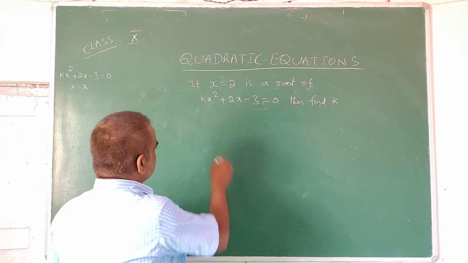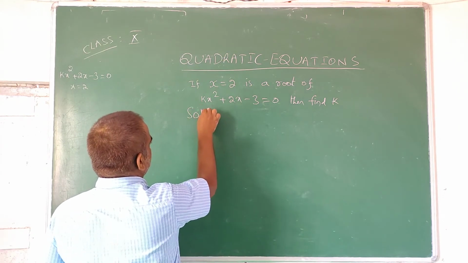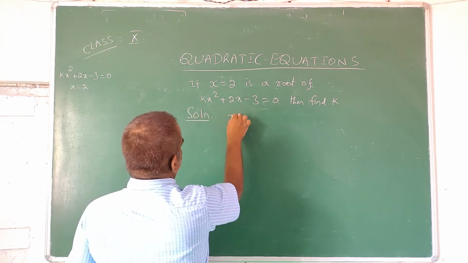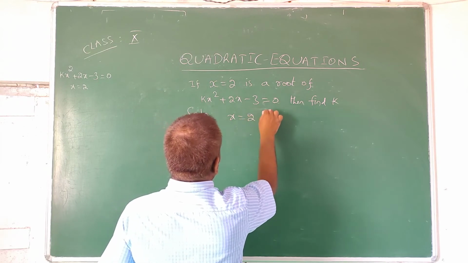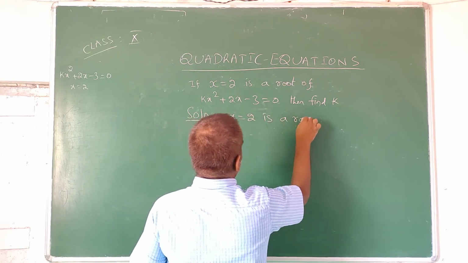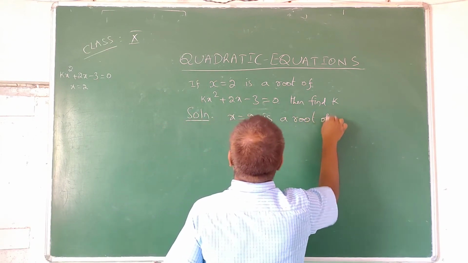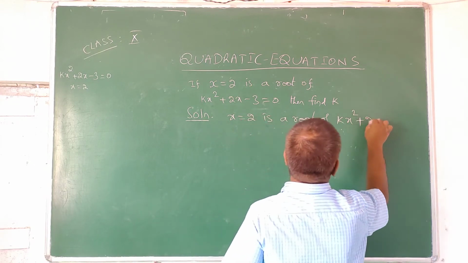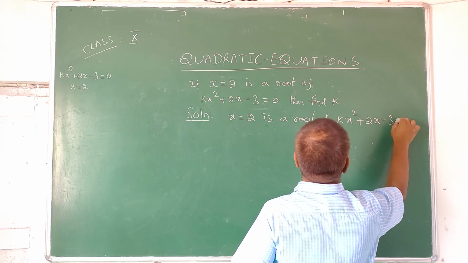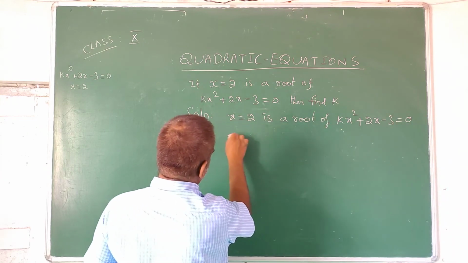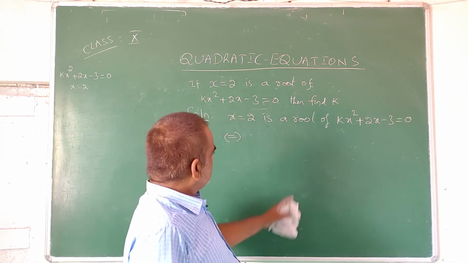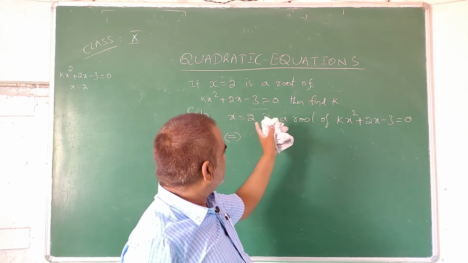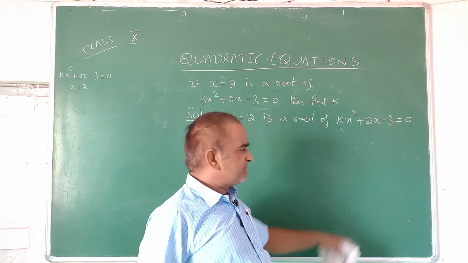This is the question. Now for the solution, x is equal to 2 is a root of kx square plus 2x minus 3 is equal to 0, if and only if x is equal to 2 satisfies that equation.